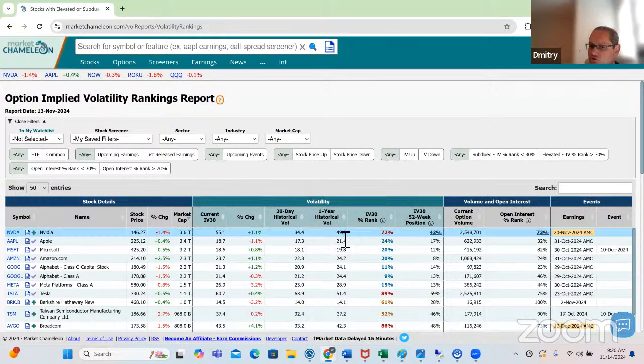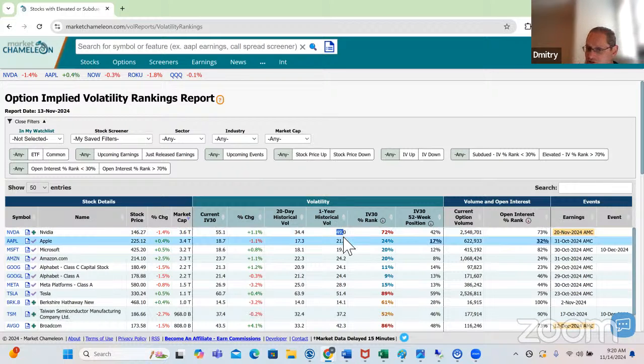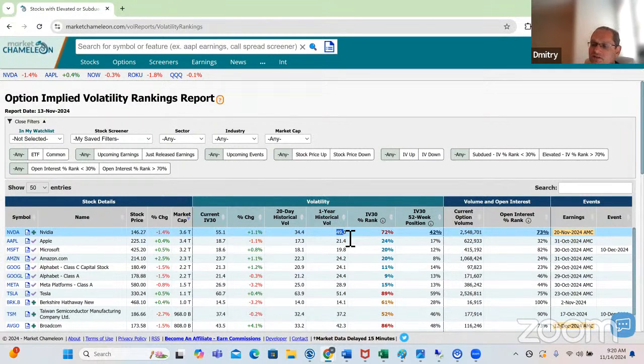So this historical volatility, the one for 1 year, that would be the volatility of the stock, not the option. This 1 year historical vol is the historical volatility of the stock. This 20-day historical vol, that's the realized volatility, 20 days of the stock, on the underlying.